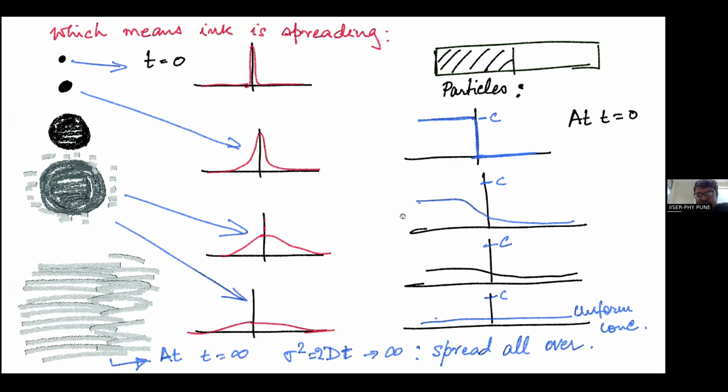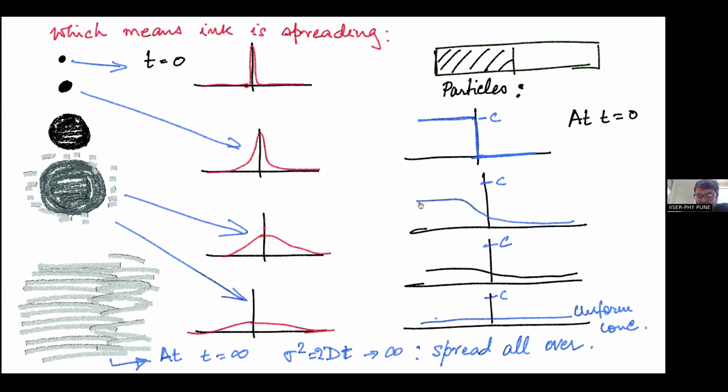But talking about simple systems, if you have a concentration gradient like this, you can most probably think intuitively that if there was a high concentration here and low concentration here, particles are going to diffuse from this region to here.